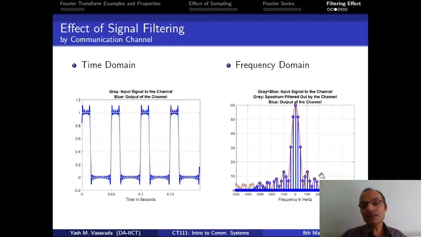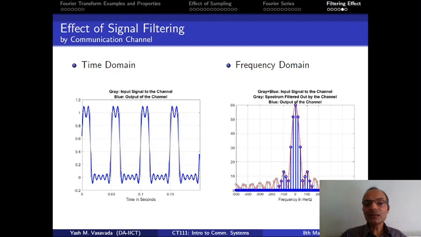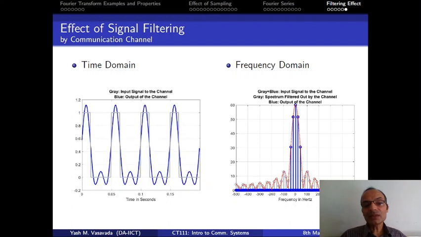Basically, the signal is getting distorted by the communication channel in the frequency domain, and therefore in the time domain what the receiver gets is not ideal periodic rectangular pulses, but some distorted version of that. As I keep on making the channel response tighter and tighter, those ripples become sharper and wider, and now I end up getting something which doesn't look a lot like rectangular pulses anymore.